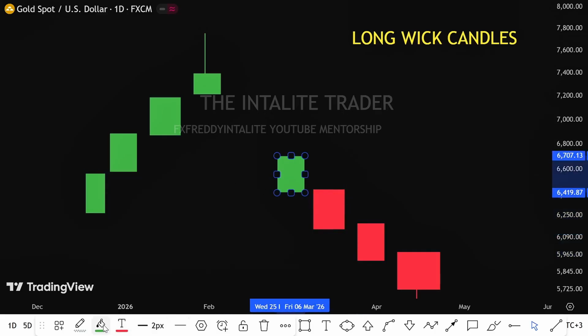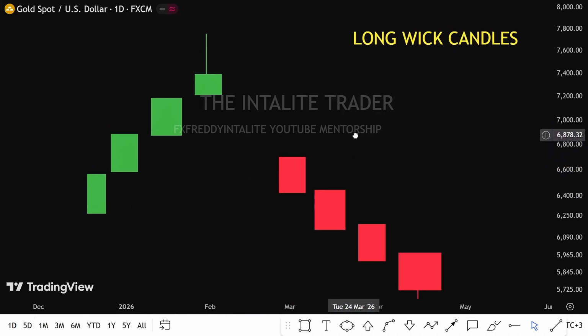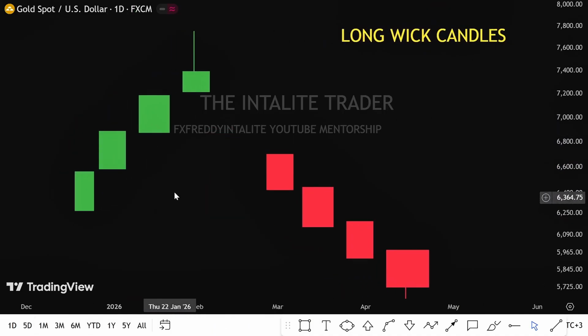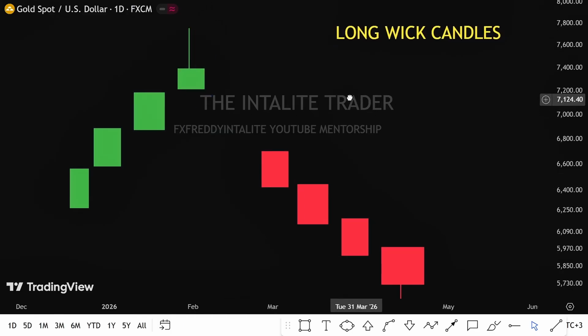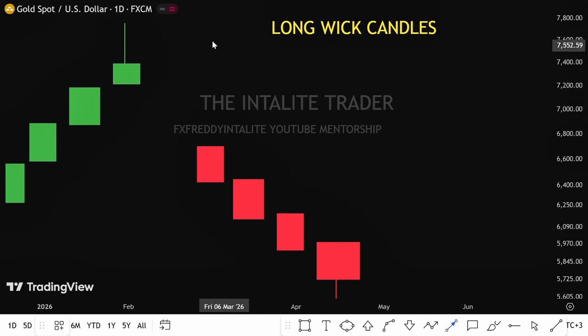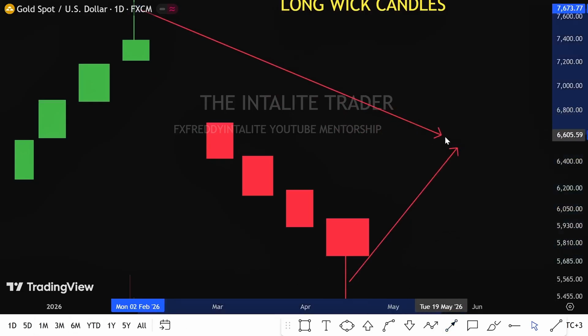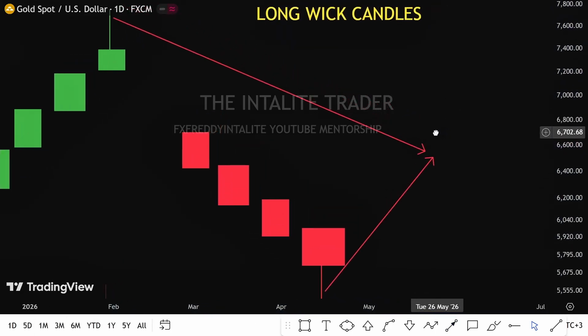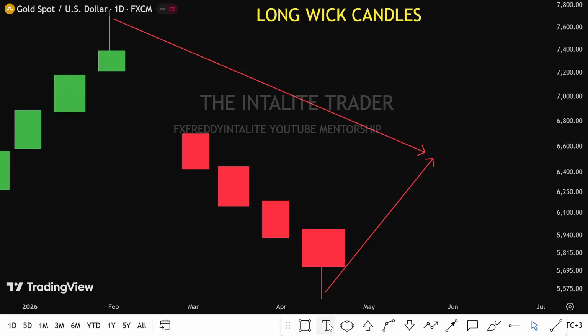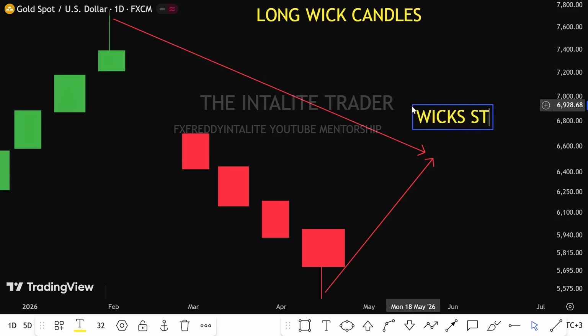It doesn't matter which kind of pattern you've seen. So you want to see this candle with wicks sticking out. So if you have these two, we shall say candles with wicks sticking out.